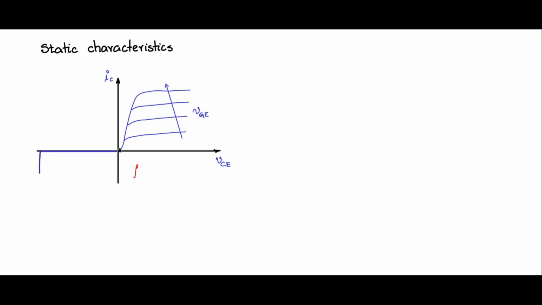Both the BJT and the MOSFET cannot handle negative voltage, means it cannot block negative voltage, whereas in the case of the IGBT, because we saw the presence of a diode from collector to the internal MOSFET drain, it can handle reverse voltage too. It can block the reverse voltage, just like in the case of the diode, and this would be the peak inverse voltage value at which it will break down. So this is how the static characteristic collector curves of the IGBT look like, and this is the forward portion of the characteristic, and this is called the reverse characteristic.